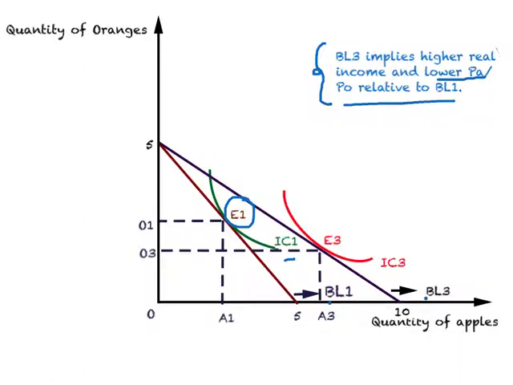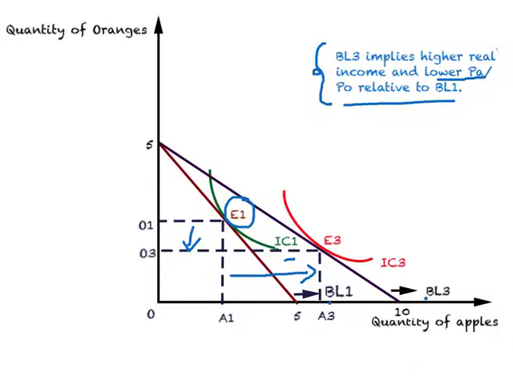And so when this happens, what is the impact on consumption of apples? You see A1, A3, and here you see an increase in consumption of apples. What has happened to consumption of oranges? It has fallen. And what is it? It is O1, O3.